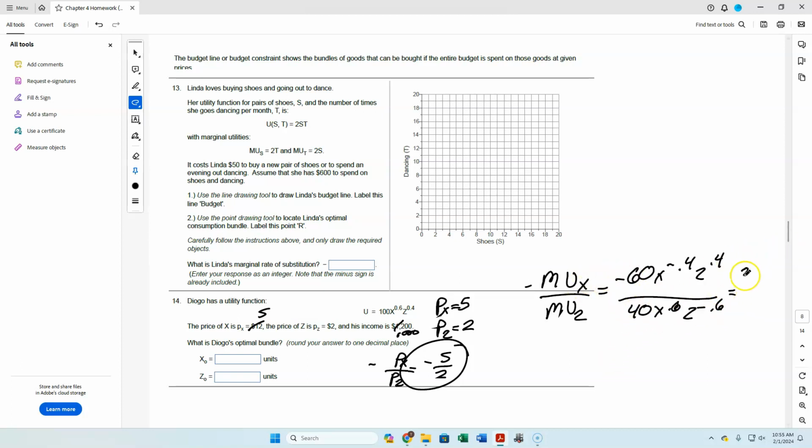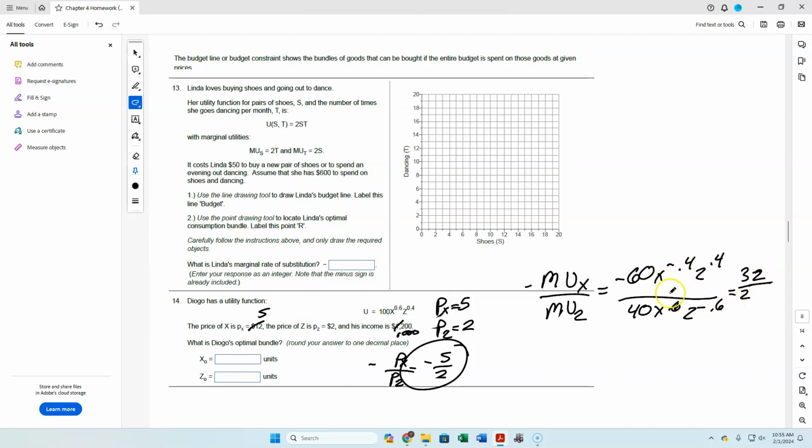60 over 40 is 3 over 2. And essentially z to the 0.4 over z to the negative 0.6 would leave me with a z in the numerator.